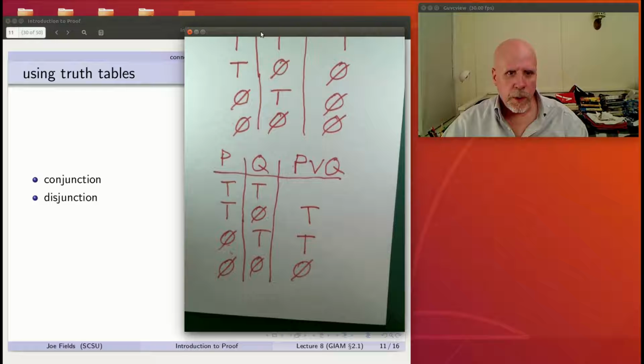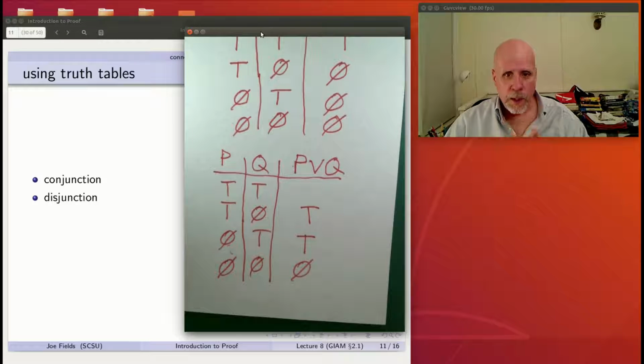People are used to thinking of or as expressing alternatives. You want to go to Miami for your vacation, or maybe go to Canada. It's one or the other. You can't do them both. Right? So that feels like this would be a false.